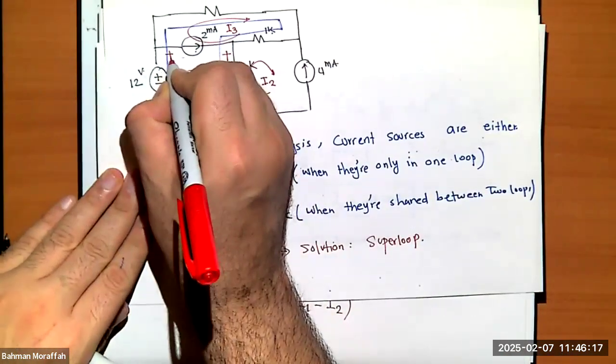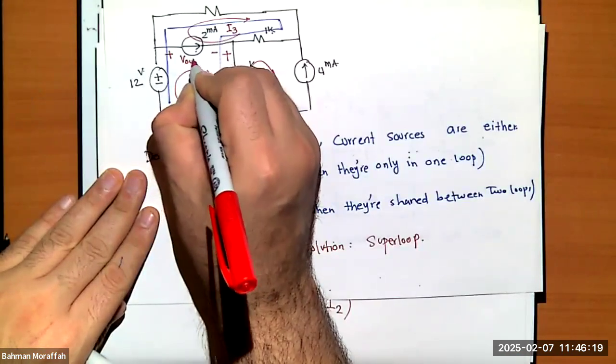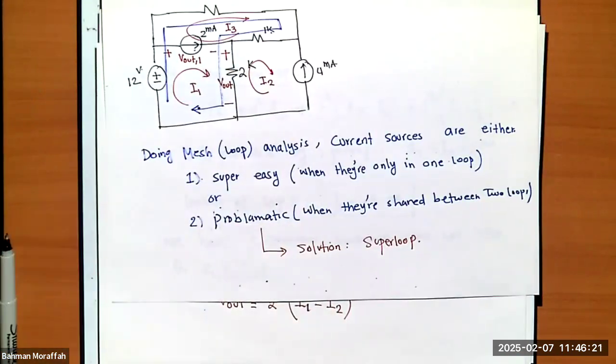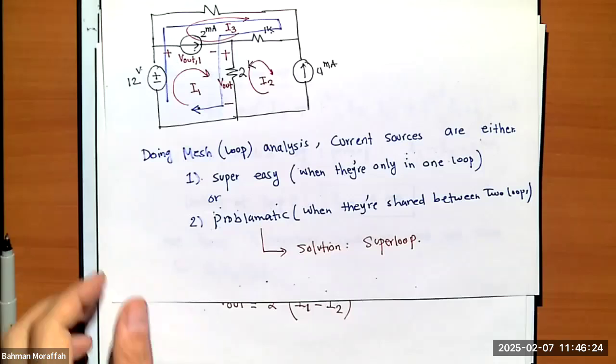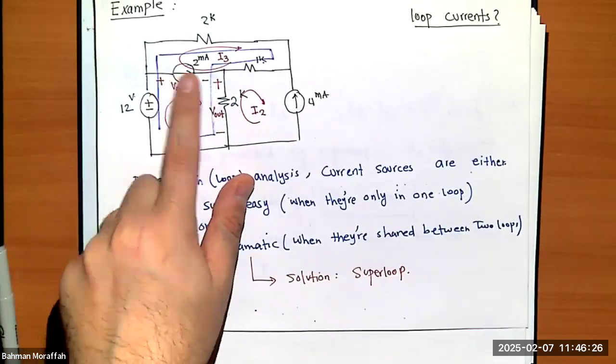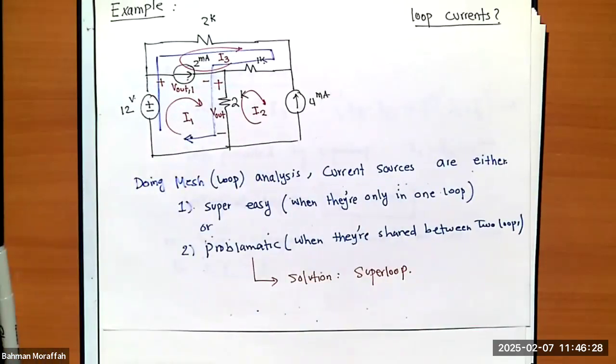What if I call the voltage across this one Vout1? What is Vout1? What is the voltage across this one? Any ideas how I can find Vout1?